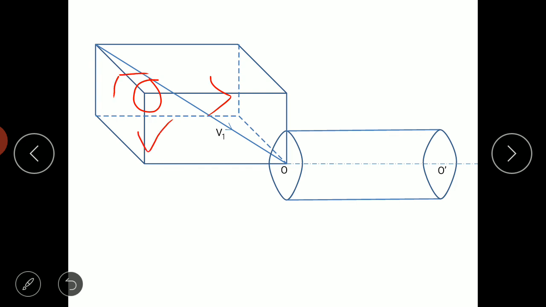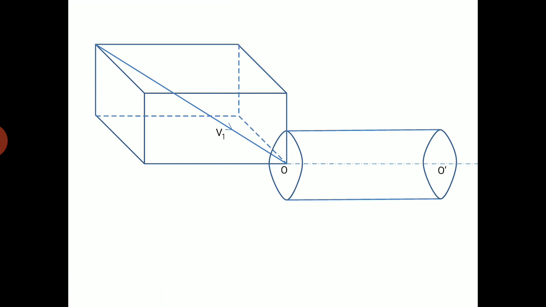When I split this V1, I get three velocity components. Please concentrate on this word, velocity components. V1 is the absolute velocity, and from it we get three velocity components in three mutually perpendicular directions.